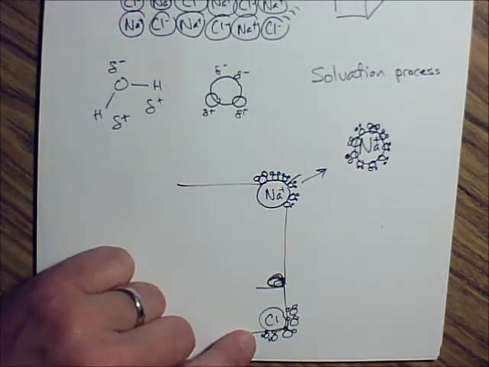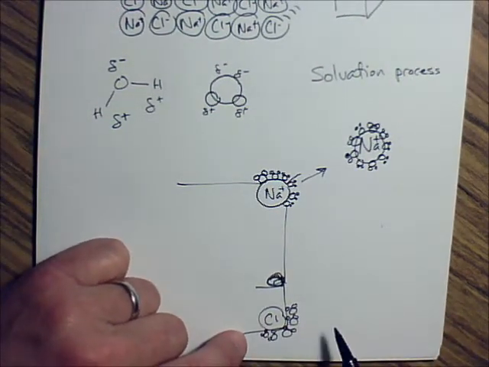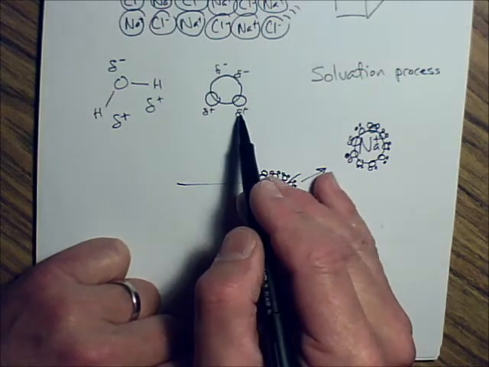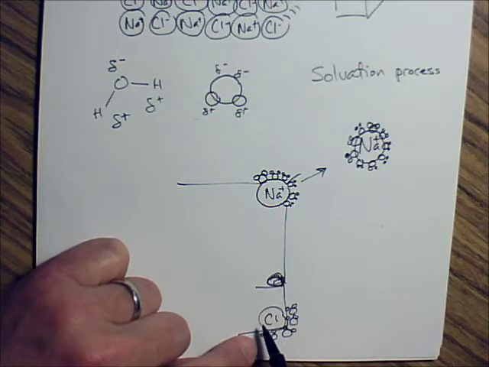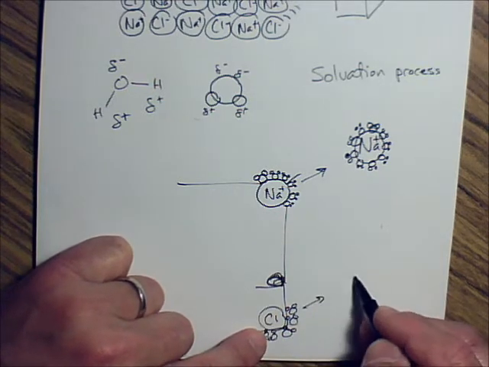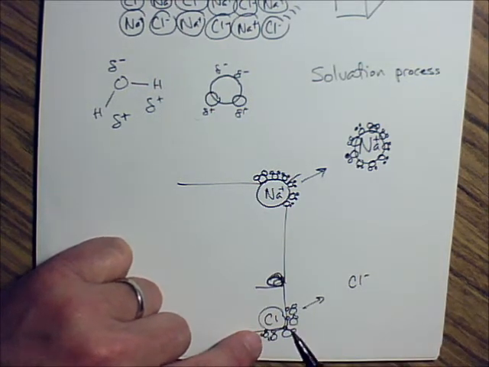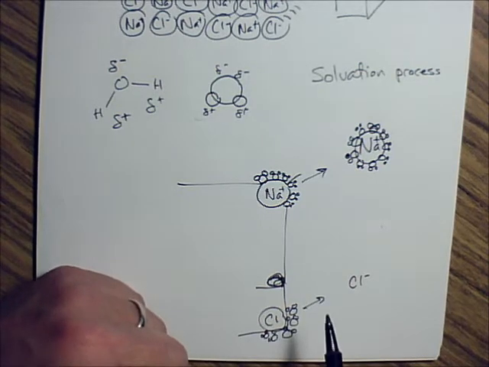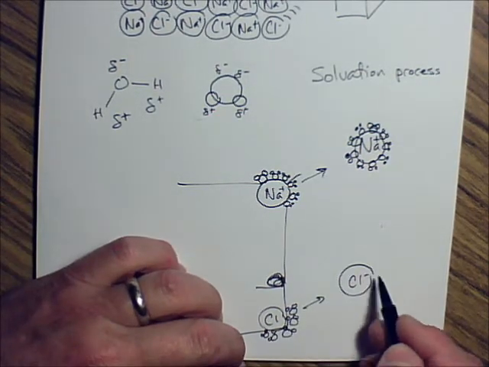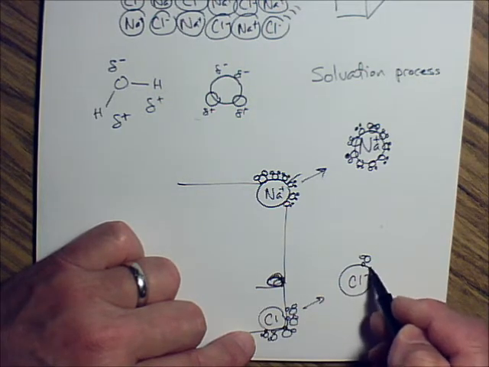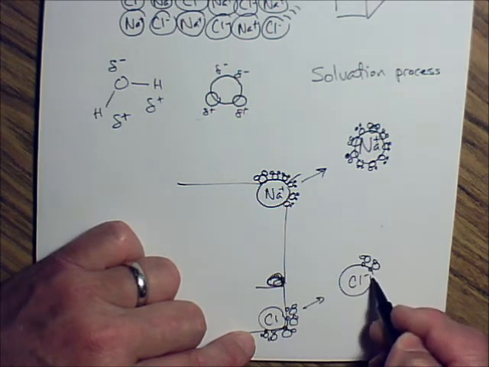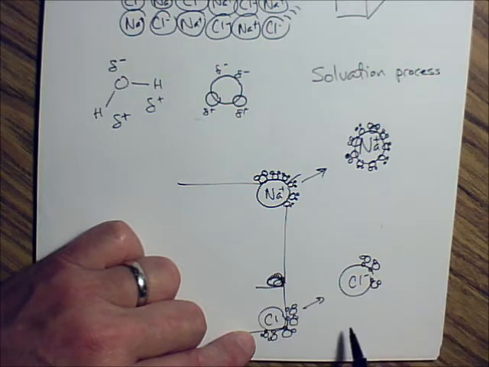Okay? The same thing happens with the chlorine, only it's the hydrogen end of the water, the partially positive ends of the water, that are pushed up against where the chlorine is. And so when the chlorine ion, for the same reason, is moving and wiggling, it eventually leaves, or some of them leave, and you get the water molecules, with the hydrogen ends anyway, joined up next to the chlorine.